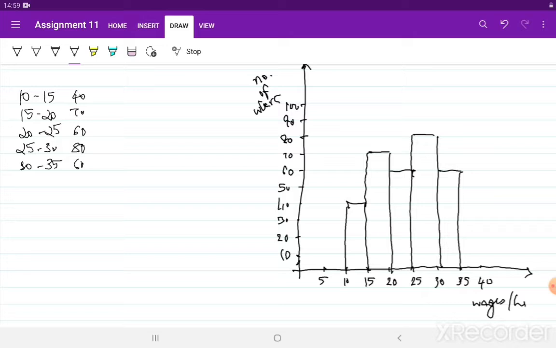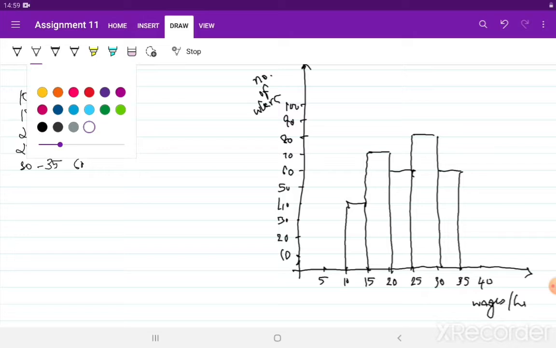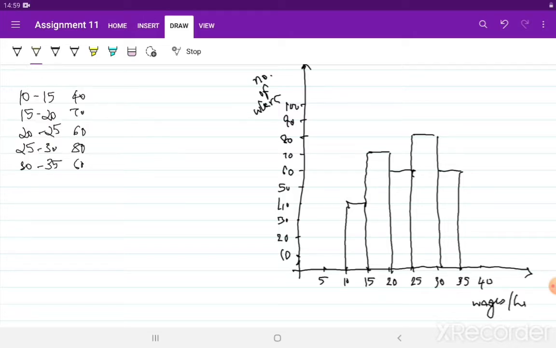To plot a frequency polygon after you have constructed the histogram is pretty easy. Let's use, say, the green color. You point out all the midpoints of the histogram bars and you connect them with a straight line.